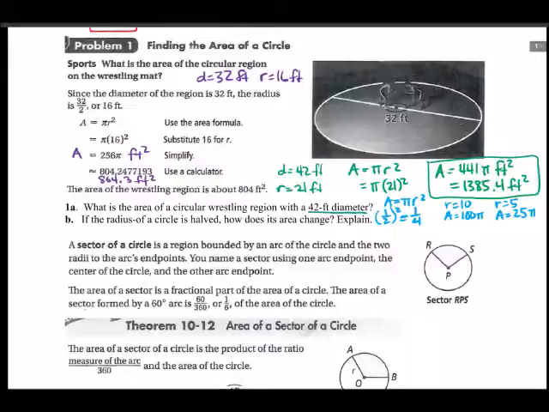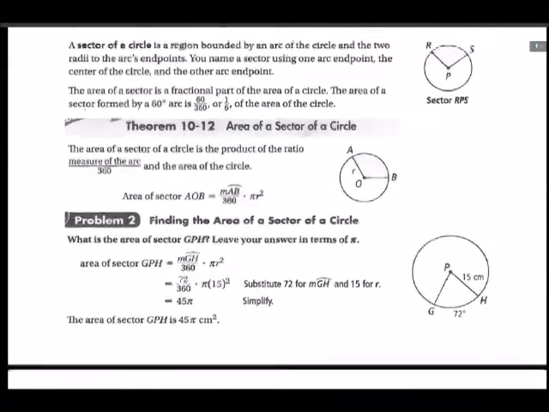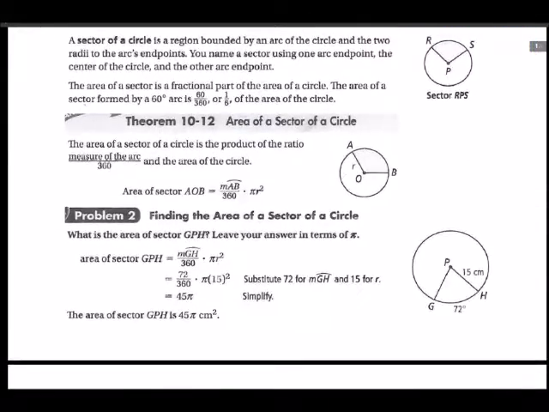Okay, well, let's see what this is going to do for us. That was the easy introduction stuff. Our first thing here is the sector of a circle is the region that is bounded by an arc of the circle and the 2 radii that go with the endpoints.